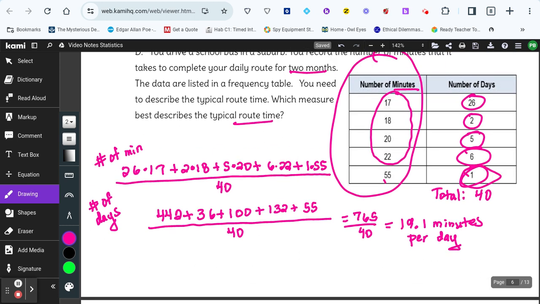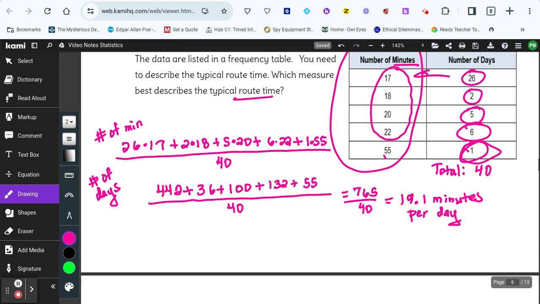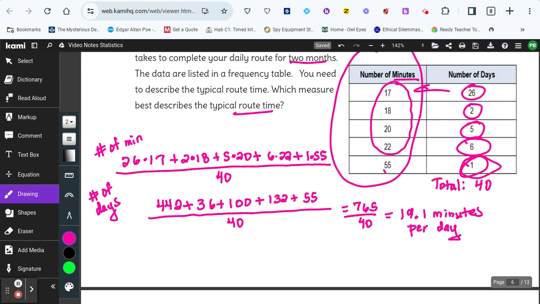What happened a lot of times was this 17 minutes. Okay. But this is going to be the mean. It didn't really affect it, because if I look at most of this data, 19 is a good measure of center.